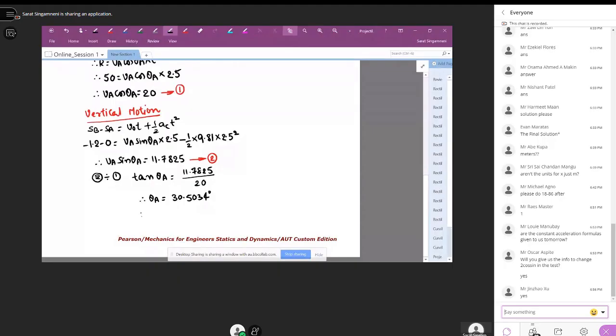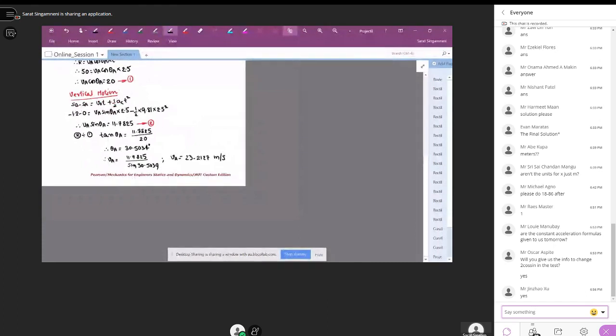If you know theta A, therefore VA is equal to 11.7825 divided by sine 30.5034. So from this, the velocity at the start is equal to 23.2127 meters per second. So that is it.